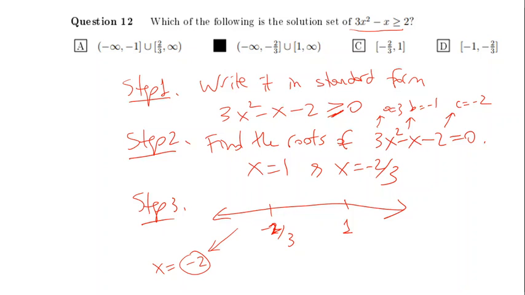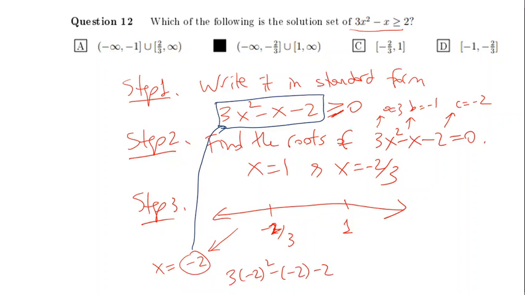And then we plug it in here. So it will be 3 times negative 2 squared minus negative 2, which is 12 here, plus 2, minus 2 will be 12, so it's plus. So we write here plus.